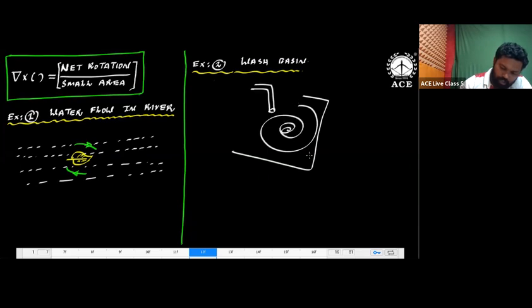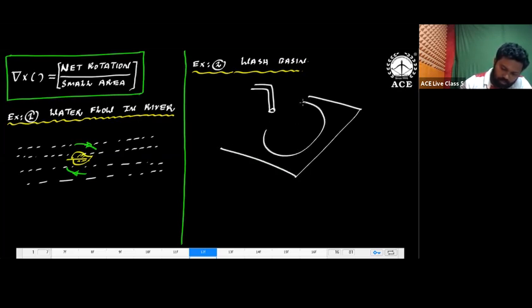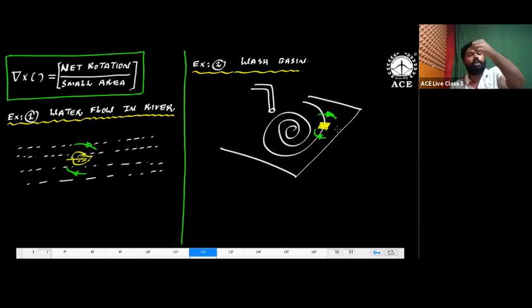Water will revolve and enter here. If I place some small piece of area here, the small piece of area will also rotate along with the water. It is going to rotate along its own axis and also rotate along with the water.